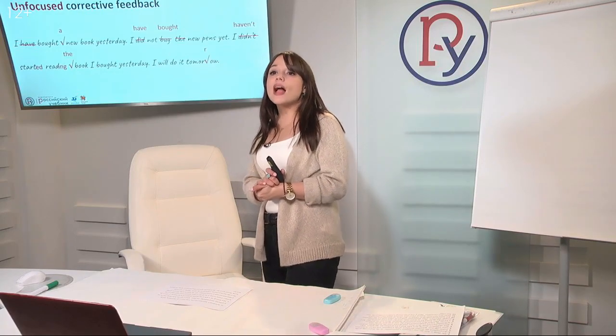So if we correct every single mistake, or sometimes teachers tend to overcorrect, which means they correct not only every single mistake, but they might also correct something that can actually be accepted, that can be considered as the right way of formulating our students' idea.